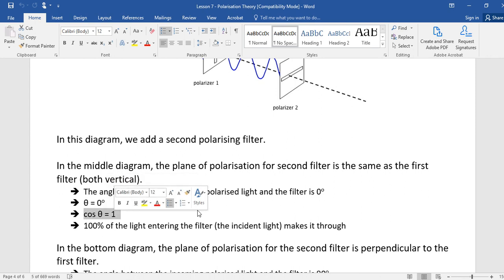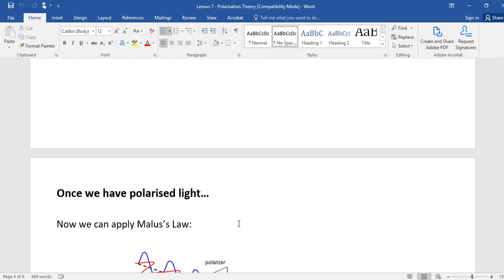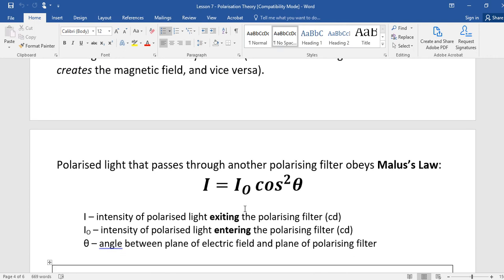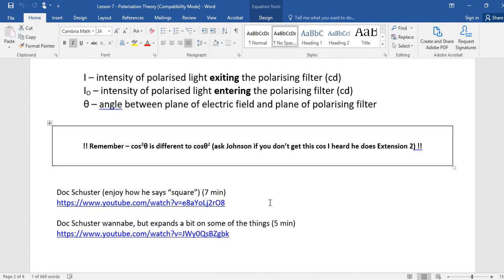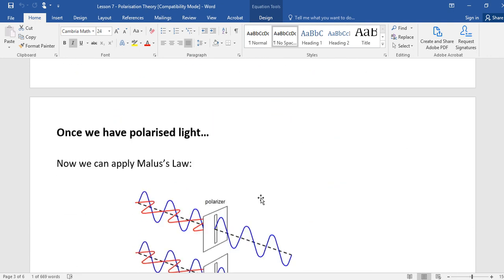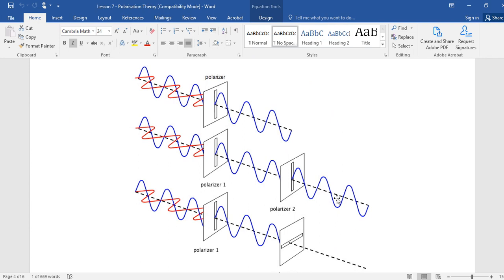So in that equation back up above, all the way back up here, cos theta equals 1, so cos squared theta, which is cos theta all squared, is going to be 1 as well. The intensity coming out of the second filter is the intensity going into the second filter times 1. So it's just 100% of the light coming through. That's for that middle diagram there.